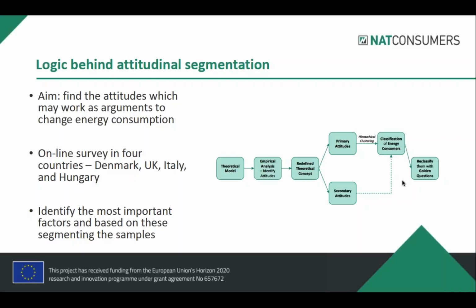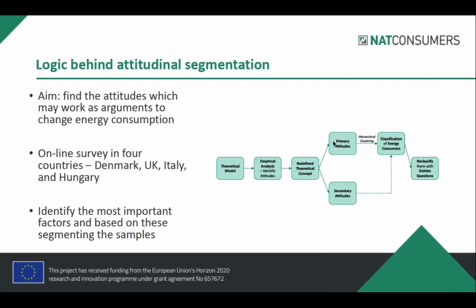As you can see on the right hand side, we had an initial theoretical model that we would like to use. After the empirical analysis of this theoretical model, we needed to redefine the theoretical concepts a little bit, and based on this, we identified some primary attitudes which are very important drivers in energy savings, and some secondary attitudes which are also important but not such strong drivers.